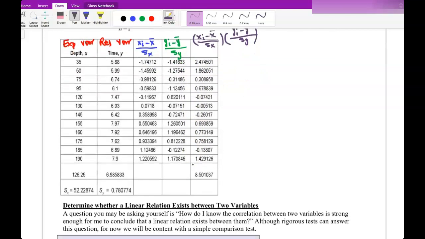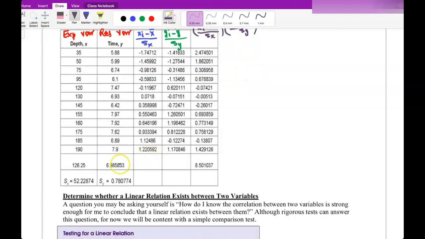And this is x bar, and here is y bar. So we have the sample mean and sample standard deviation, and here also the sample mean and sample standard deviation for x and y. And what this number is, is the sum of all these points.